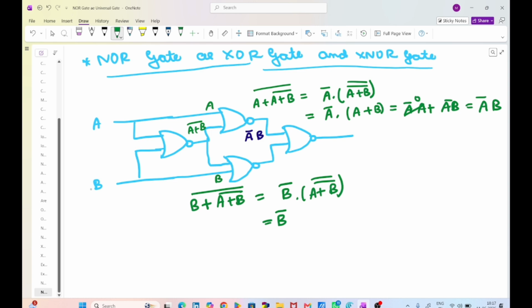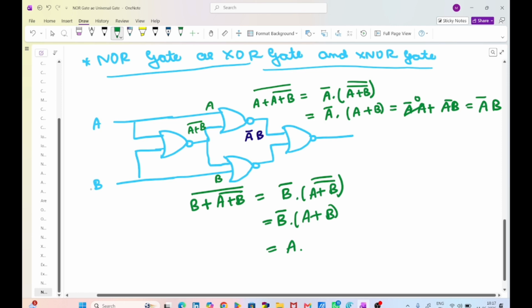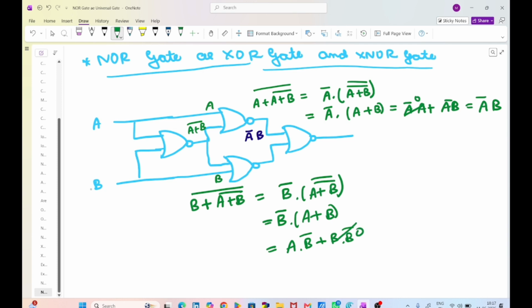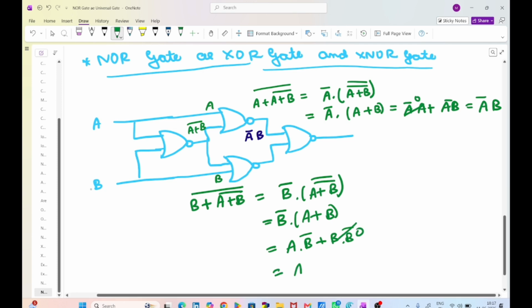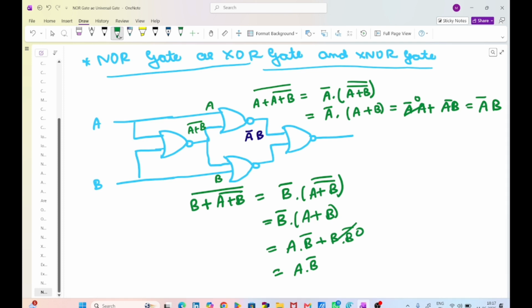Here it will become B bar dot A plus B, which is A dot B bar plus B dot B bar. We know that B dot B bar is 0. The output will become A dot B bar. Let's consider this as Y.